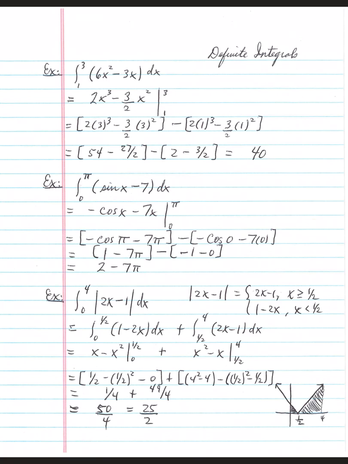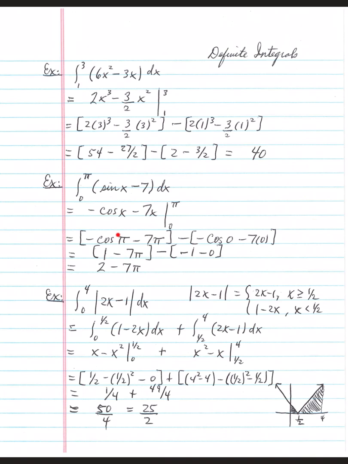An example using trig would be the integral from 0 to pi of sine x minus 7. Take the antiderivative of sine x, that's negative cosine x. The antiderivative of negative 7 is negative 7x. Sub in pi for your variable, minus, sub in 0 for your variable, and make careful calculations.